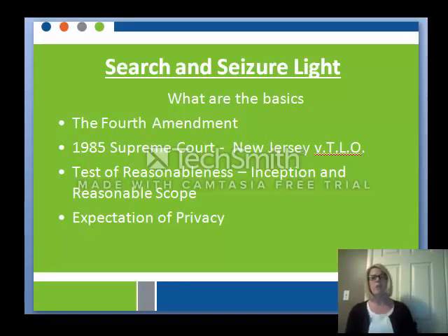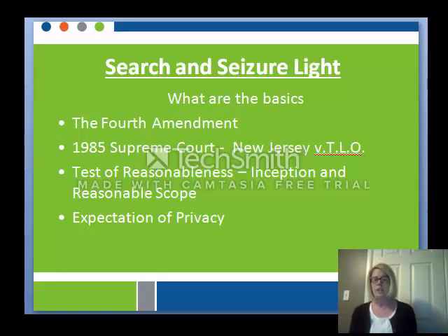So let's think a little bit about what I'm going to call search and seizure light, because really these are just the basics, the foundation of what we're about to talk about. This all comes from the Fourth Amendment of the Constitution of the United States. This amendment guarantees the rights of citizens to be secure in their persons, houses, papers, and effects against unreasonable search and seizure.